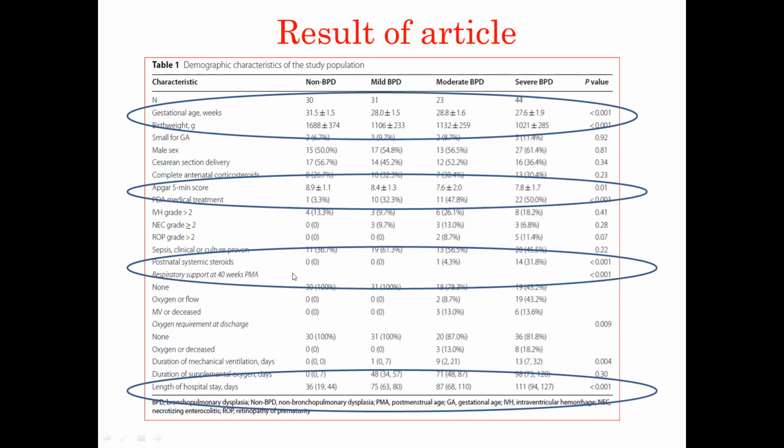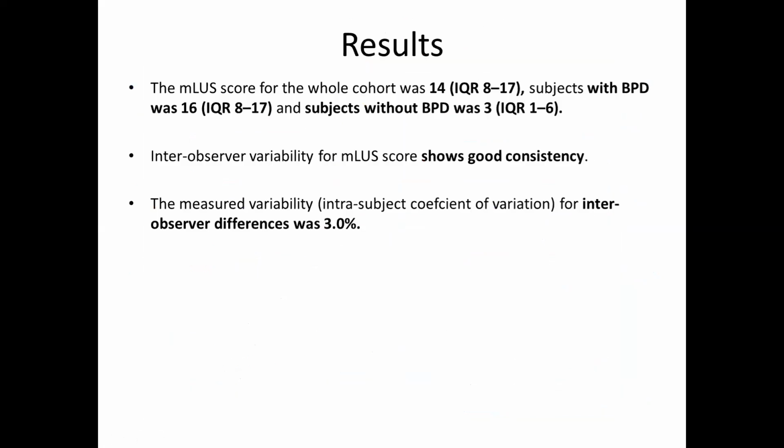Postnatal steroid, respiratory support at 40 weeks of postmenstrual age, and length of hospital stay are also correlated significantly. The modified lung ultrasound score for the whole cohort was 14 with an interquartile range of 8 to 17. Subjects with BPD had a modified lung ultrasound score of 16 with an interquartile range of 6 to 17, and subjects without BPD had a score of 3 with an interquartile range of 1 to 6.